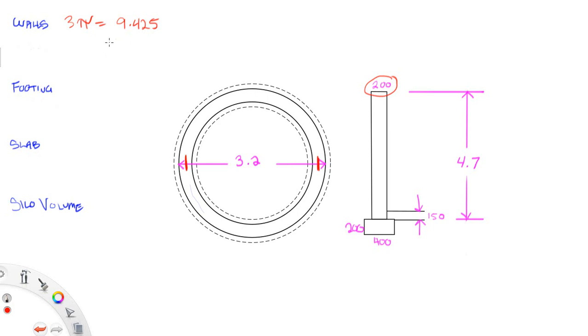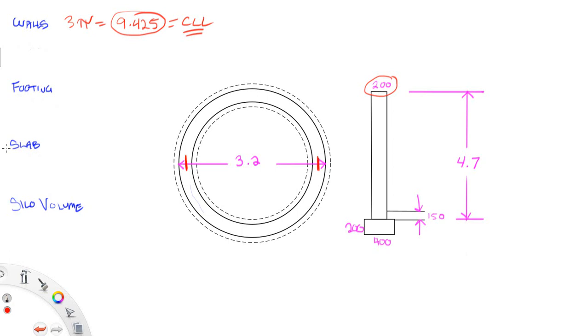So now that we have the center line length, we can use this number to calculate the volume for the concrete in our walls and the concrete separately in our footing. So we take this 9.425, our center line length. We then multiply that by the thickness of our wall, which is 0.2, and then multiply that by the height of our wall, which is 4.7.